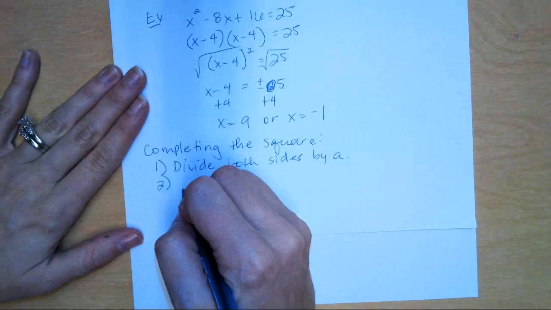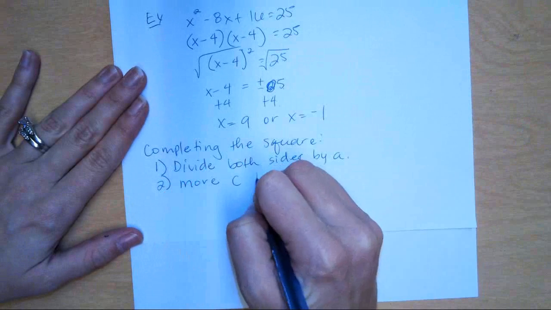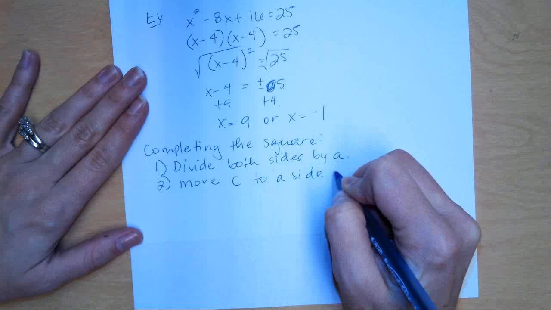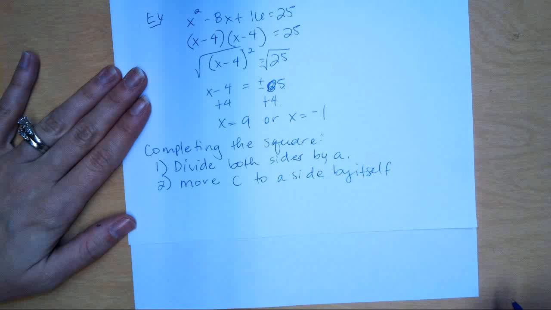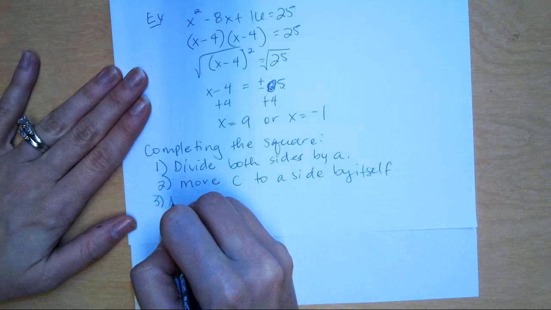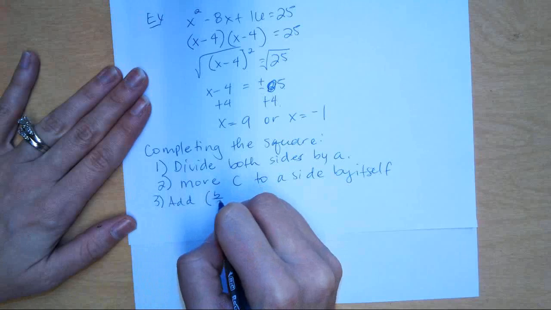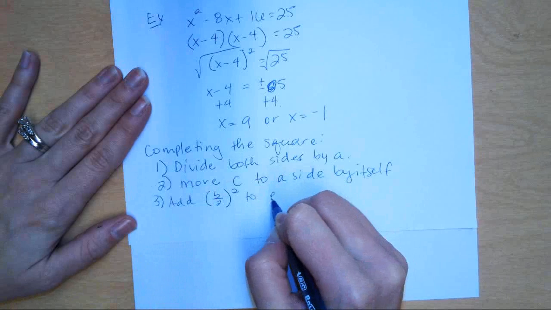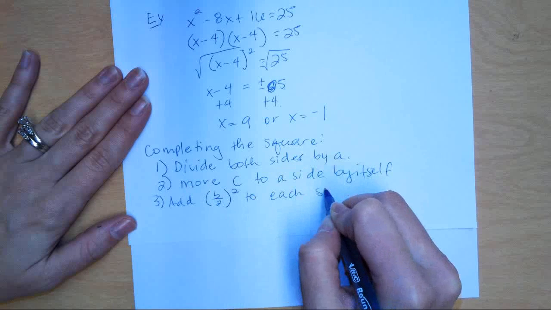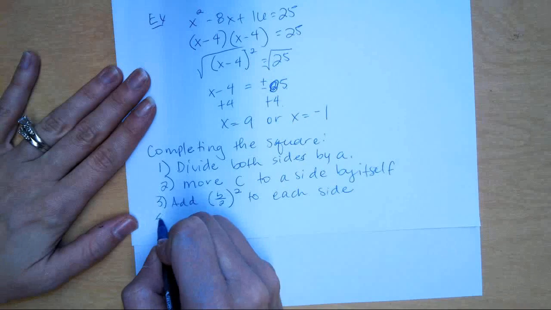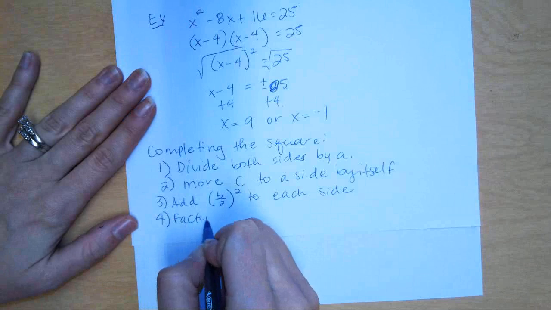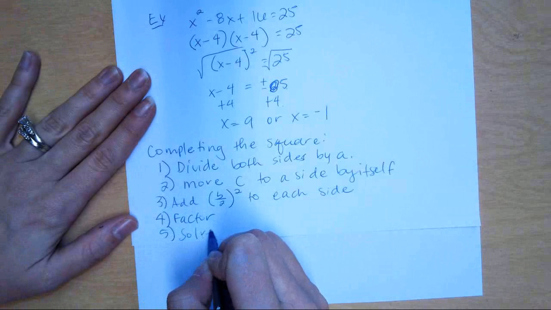Then we're going to move c to a side by itself. Then we're going to add b over 2 squared to each side. We factor and solve by square roots.